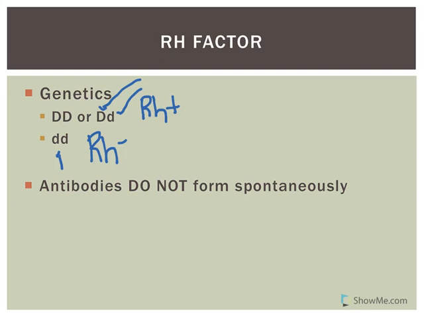Another example is if I'm carrying an Rh positive fetus, there is a possibility that I can develop antibodies. So in other words, for someone who is Rh negative to develop antibodies against the D antigen, they have to be exposed to Rh positive blood.